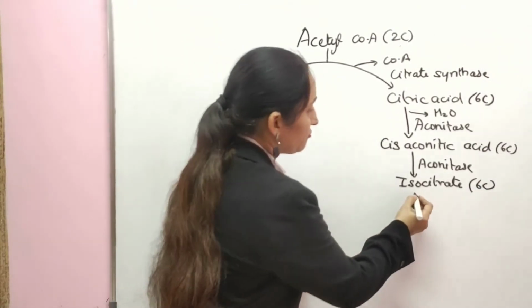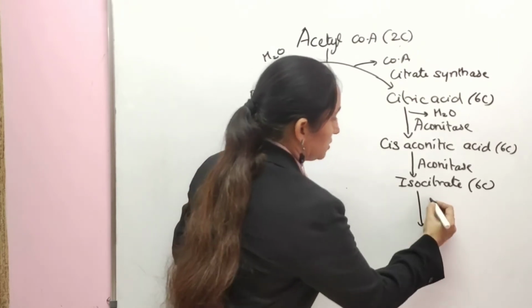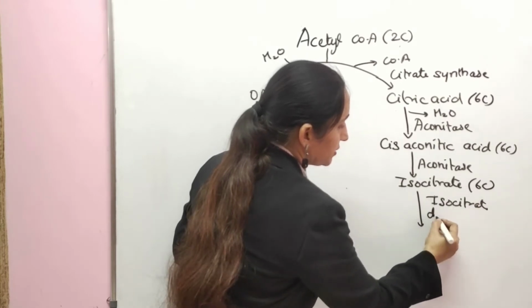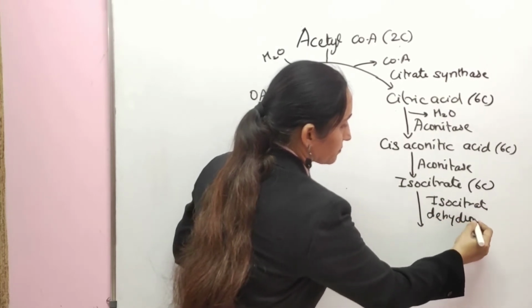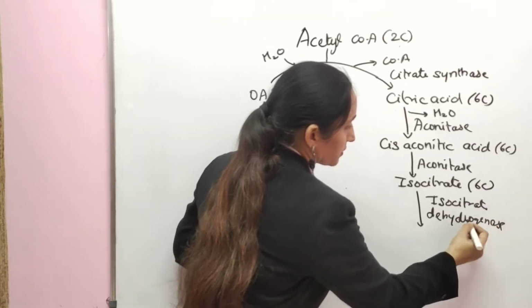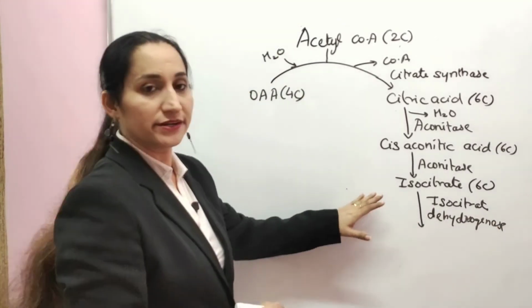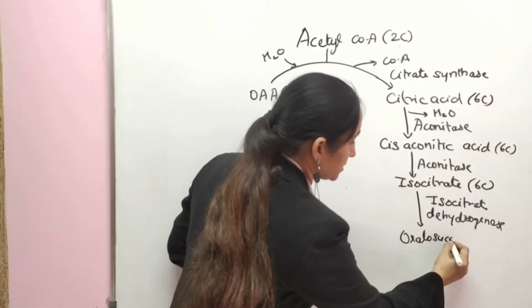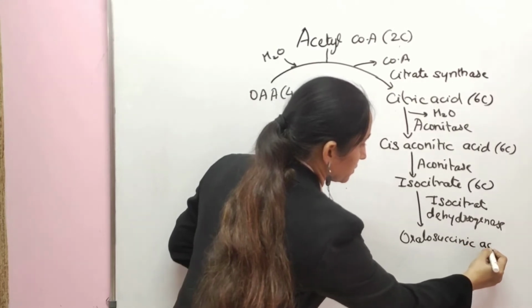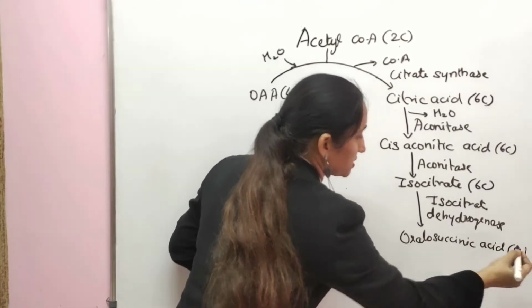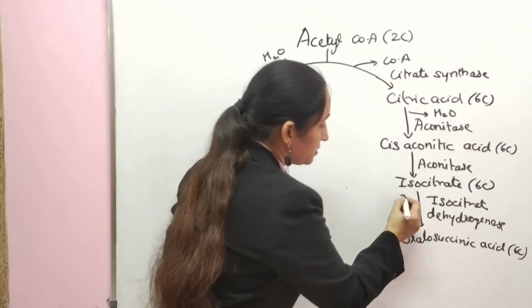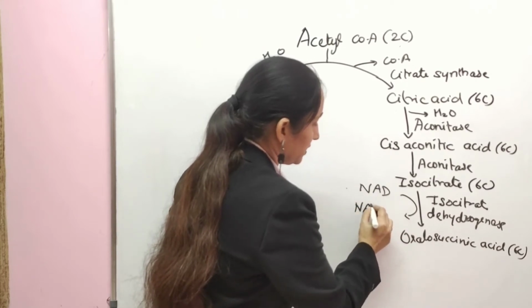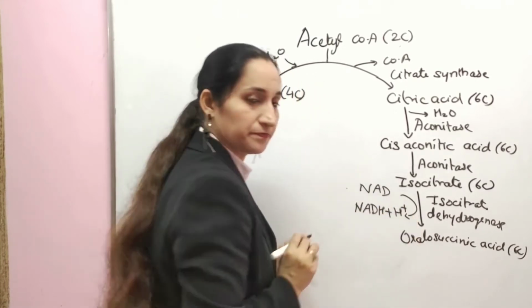Now, with the help of isocitrate dehydrogenase enzyme, isocitrate will get converted into oxalosuccinic acid. Again, this is a 6-carbon compound. In this reaction, NAD will be reduced to NADH plus H plus.